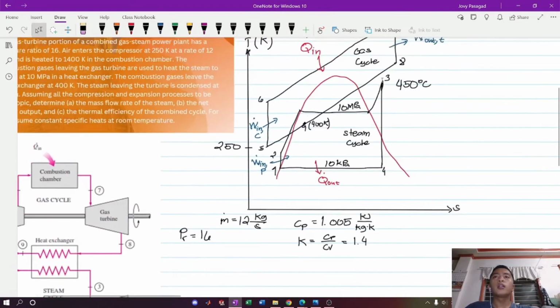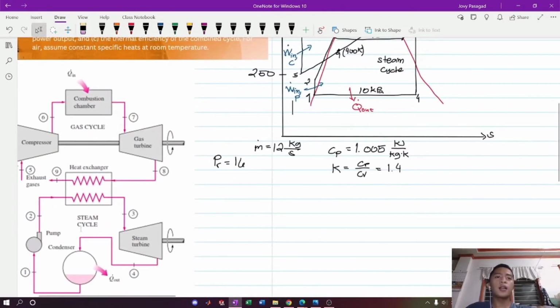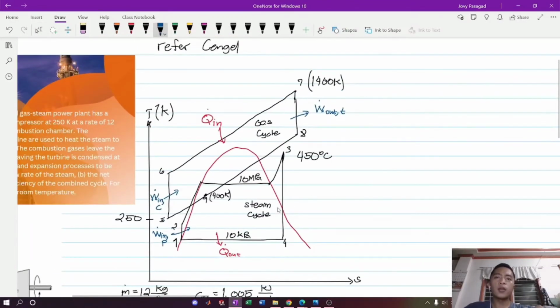And then process 3 to 4 is ang steam turbine, so naa siyay work dot out sa turbine, kani sa gas turbine, kani sa steam turbine.